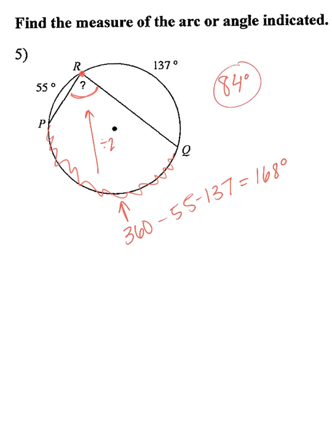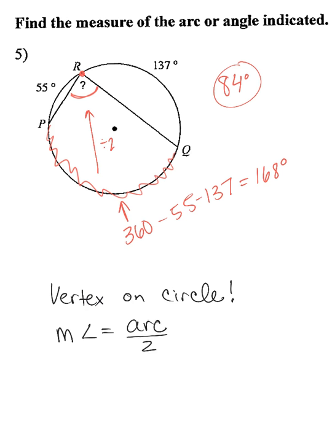Again, the formula we're using for this one is vertex is on the circle. So the measure of the angle equals the arc measure divided by 2. So we found the arc measure to be 168 degrees. We divided it by 2 to get the measure of the angle, which is 84 degrees.